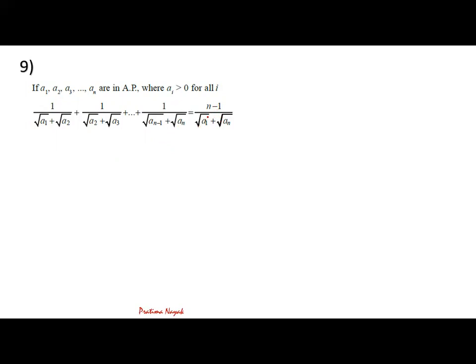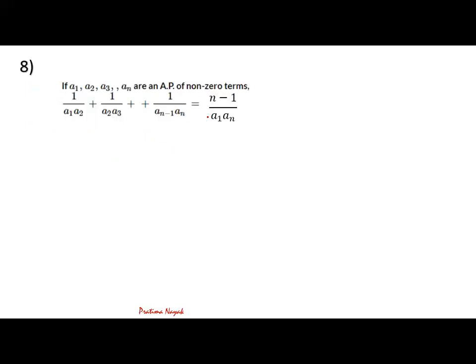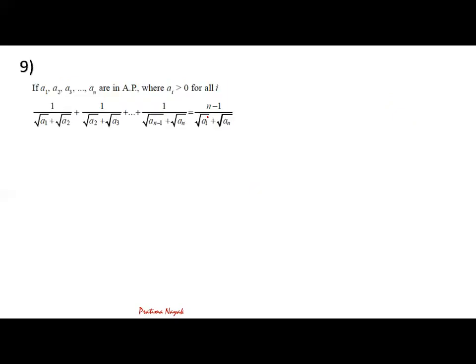You can make a connection and remember these two formulas. One is 1 upon a1 a2 plus 1 upon a2 a3 up to this is equal to (n minus 1) by a1 an. These are similar formulas, and when you are adding, these are the square roots. So this can also be remembered as a formula, so that if you get a question, you can immediately solve it or identify the answer.